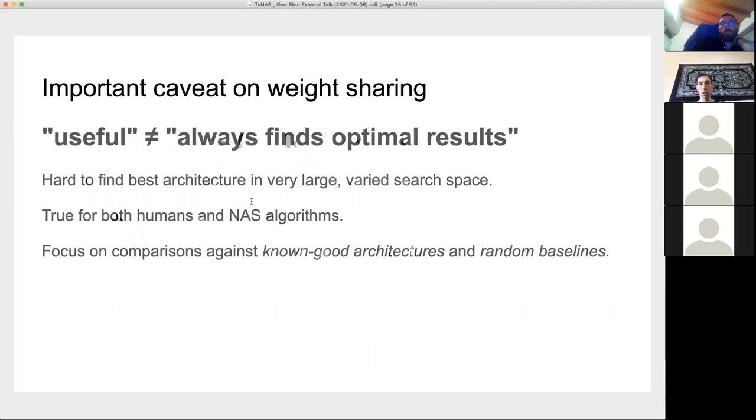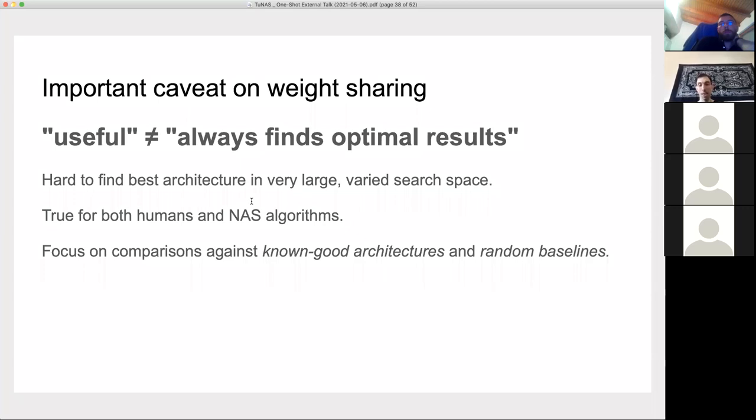And there's also this important caveat that we want these architectures to be useful, but we have also seen a number of cases where these algorithms, while outperforming random or matching human baselines from previous work, are demonstrably suboptimal. We've come up with certain counterfactual cases where we know these architecture search algorithms could be doing better.